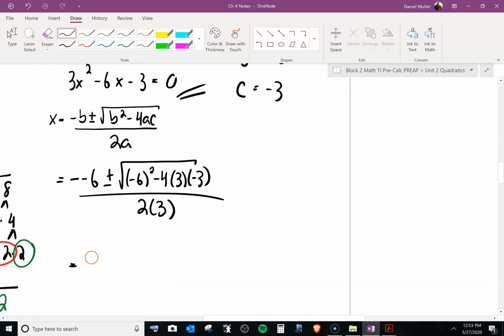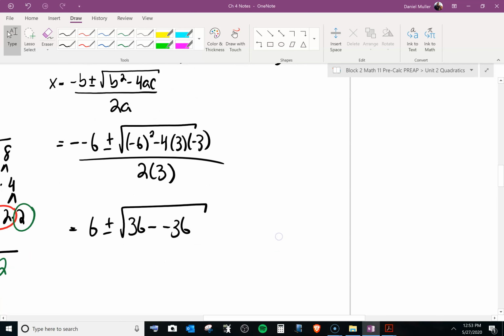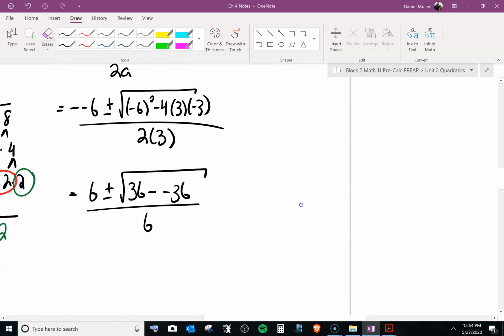So negative 6 is 6 plus or minus negative 6 squared is a positive 36 minus 4 times 3 is 12. 12 times negative 3 is negative 36. Okay, all over 2 times 3, which is 6.